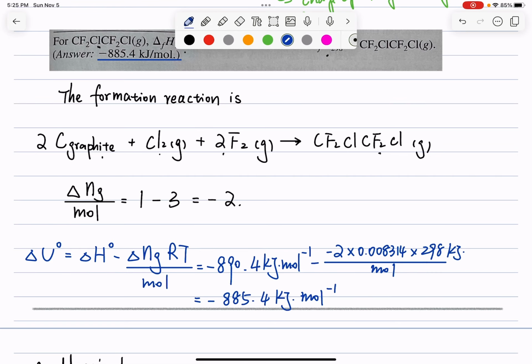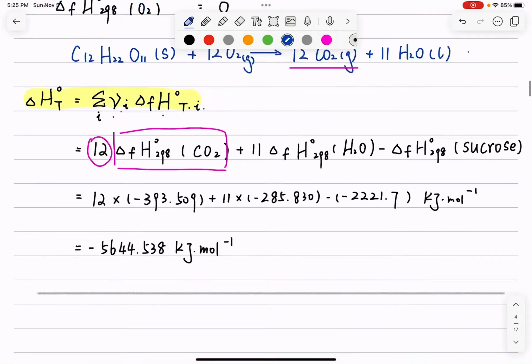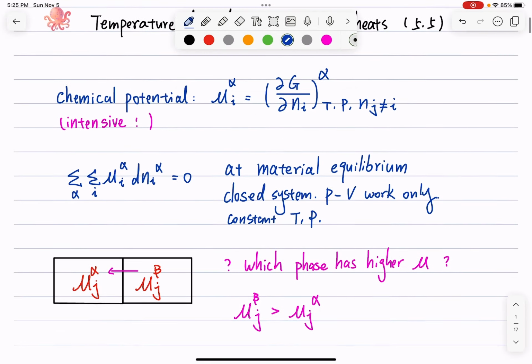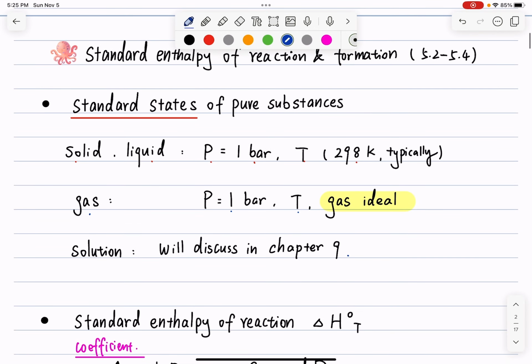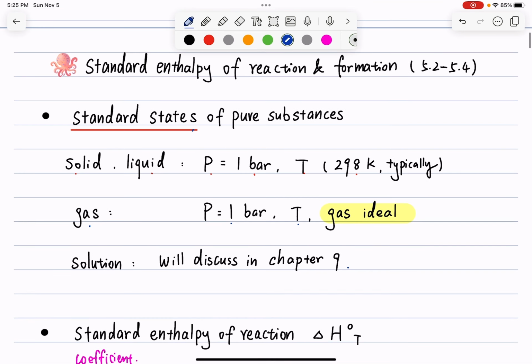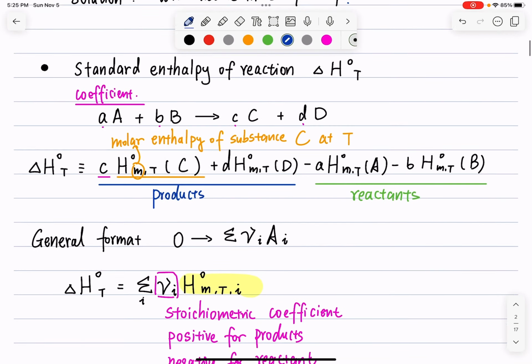All right, so let me pause here for a little bit. What did we find out today? We started by looking at the definition of the standard enthalpy of reaction, the standard enthalpy of formation, and introducing the idea of standard state for pure substances.